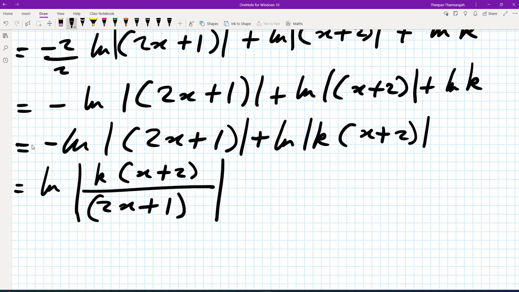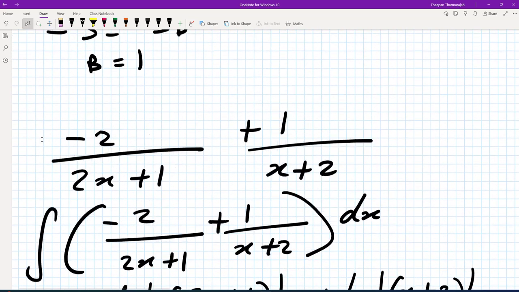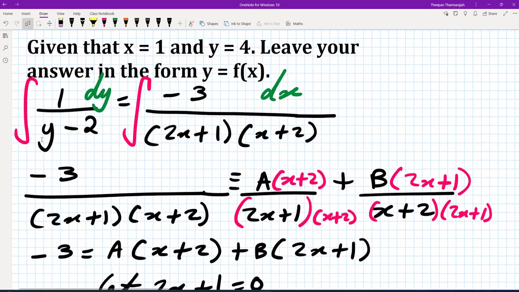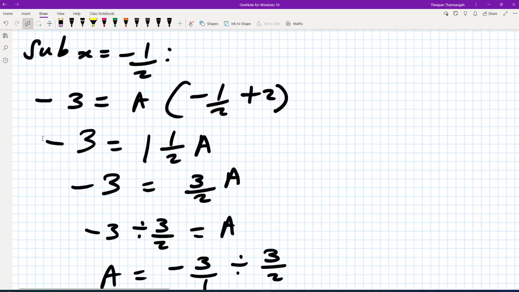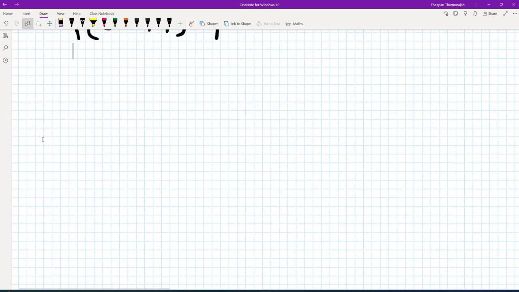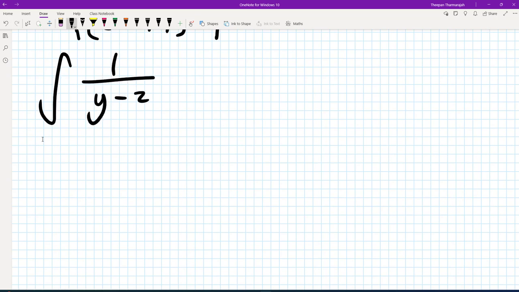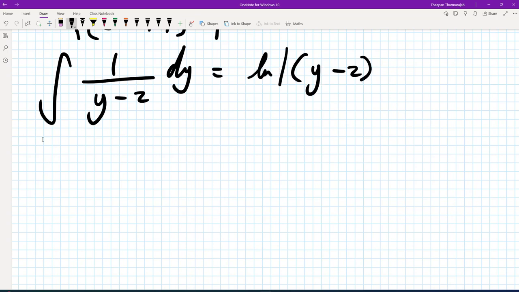Now, don't forget that we had originally 1 over y minus 2 dy. So we need to integrate that. So the integral of 1 over y minus 2 dy, that's going to be ln mod y minus 2.